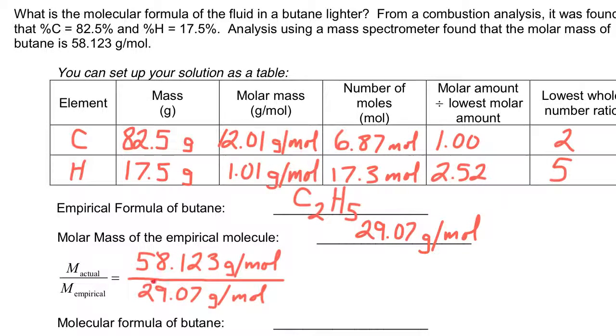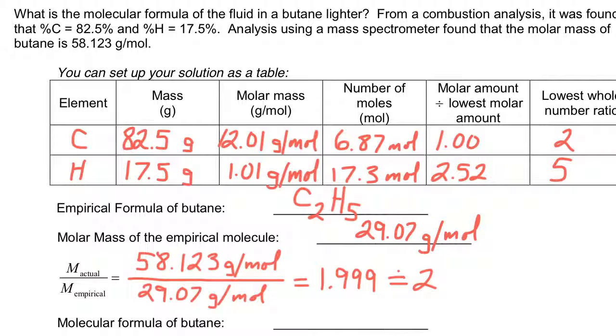So we're going to set up our calculation. We're going to do 58.123 divided by 29.07. And that equals 1.999 with the correct number of significant digits. That's roughly 2. So what that means is our actual molecule is twice what we expected based on our empirical molar mass.